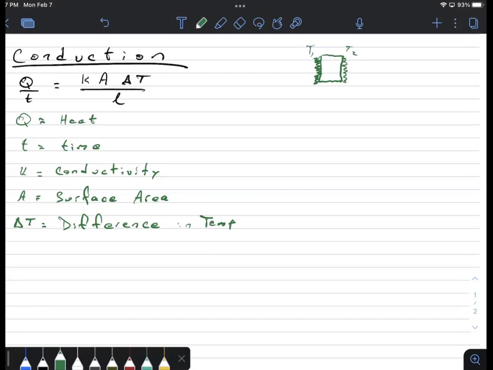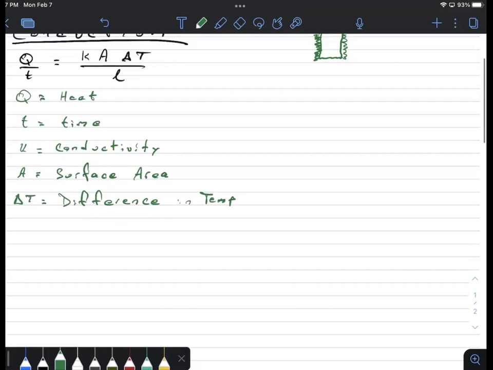Whereas if the difference in temperature is very small, they're almost at the same temperature, there's no real pressure for that heat energy to want to cross over to the other side. It's like, over there it's just as hot as it is over here, so what's the point? So a bigger difference in temperature will give rise to a faster flow rate. And then the last one, L, is called the thickness.